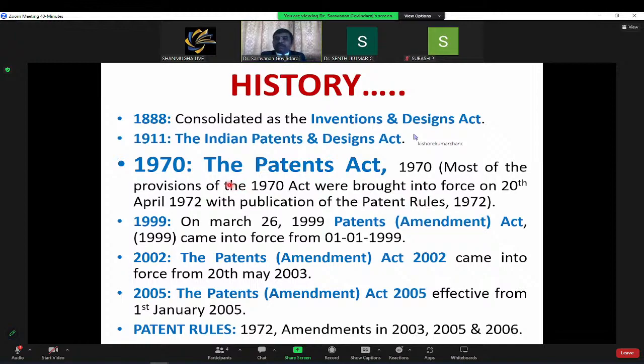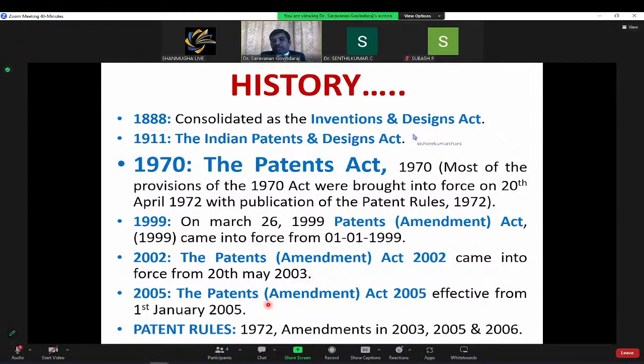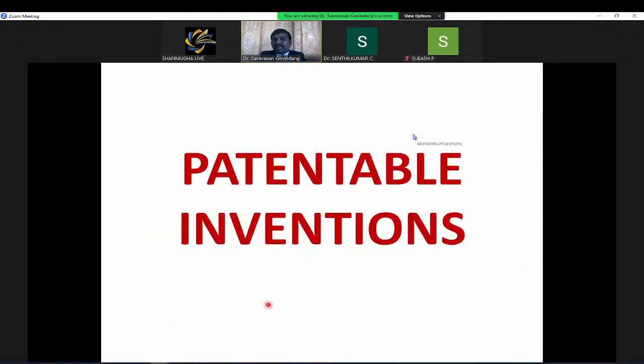From that time, some amendments were introduced from time to time. In the years 1999, 2002, and 2005, some amendments were introduced, and they came into force immediately. So these are all the major milestones in the history of Indian patents.